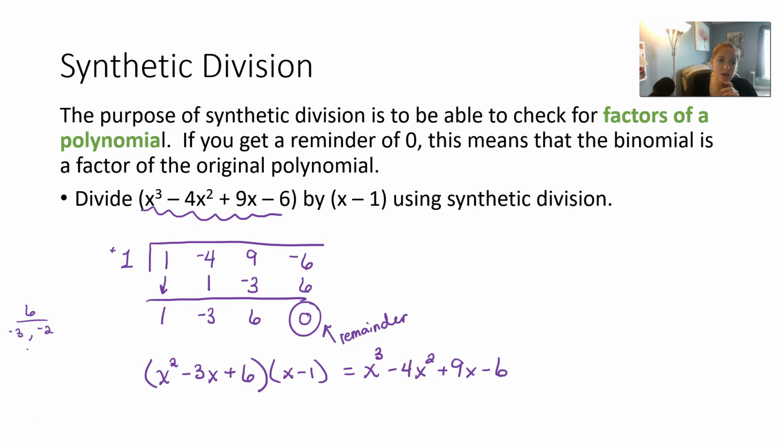Can we factor it more? Apparently not. Okay. Well, theoretically, hopefully you could keep factoring that if you wanted to, but just know that once it factors, it's basically like pulling out that binomial from what's left over. Okay, so we're going to work some more with what does it mean to factor and what does it mean to get that remainder of 0.